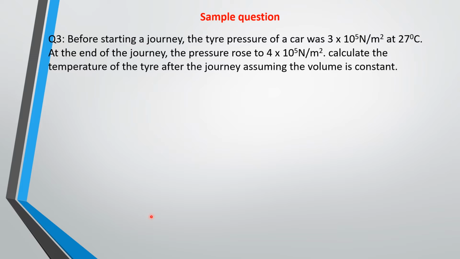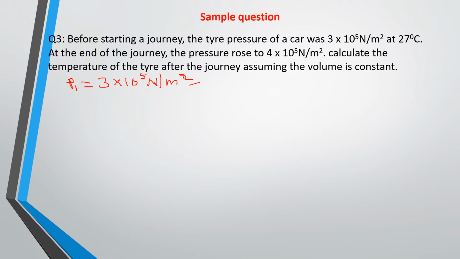So we have been given the initial pressure of the car, P1, to be 3 times 10 raised to power 5 Newton per meter squared, right?